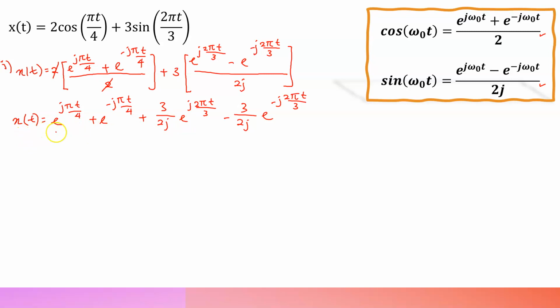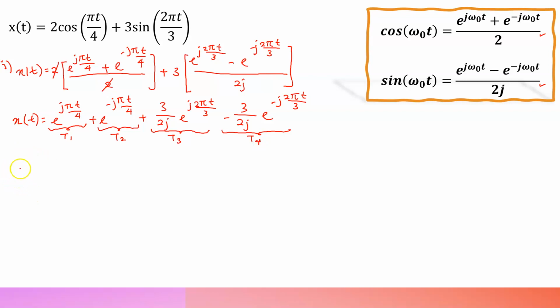Now let's call the first term T1, the second T2, the third T3, and the fourth T4.